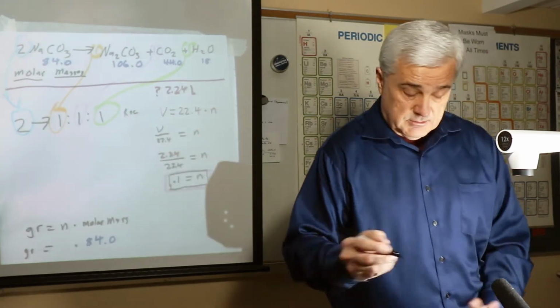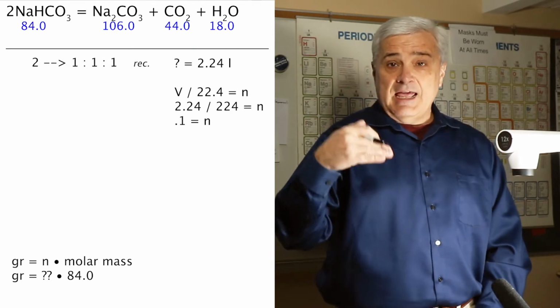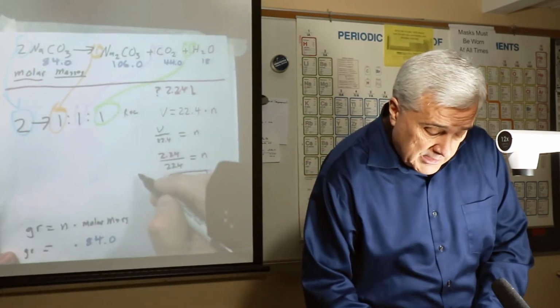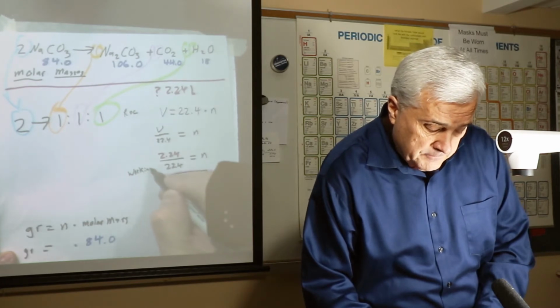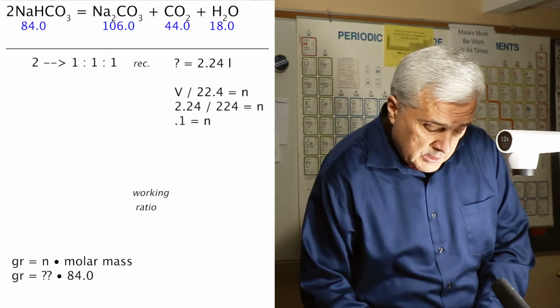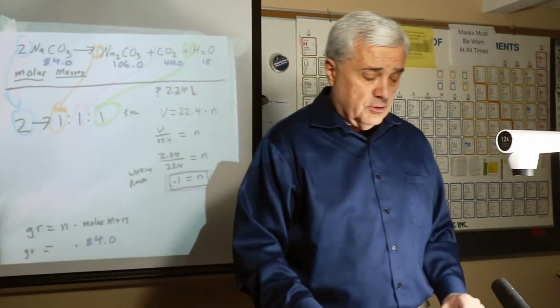I'm just going to write that here. REC, period, because whatever. I need a working ratio, so I'm going to write that down here. I'm going to call it working ratio. This is the ratio that I'm working with in this problem, in this story.